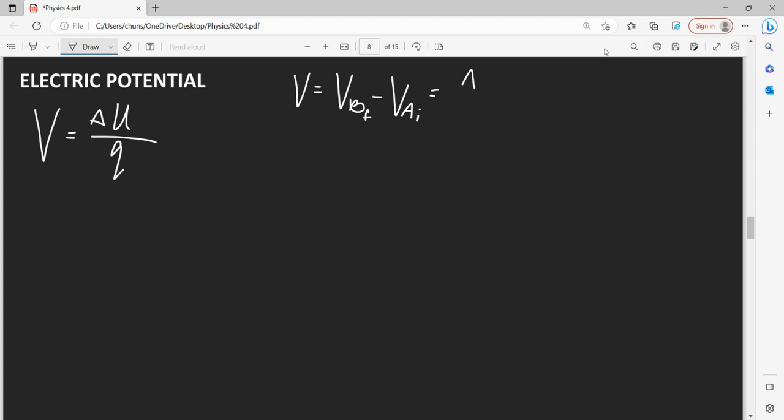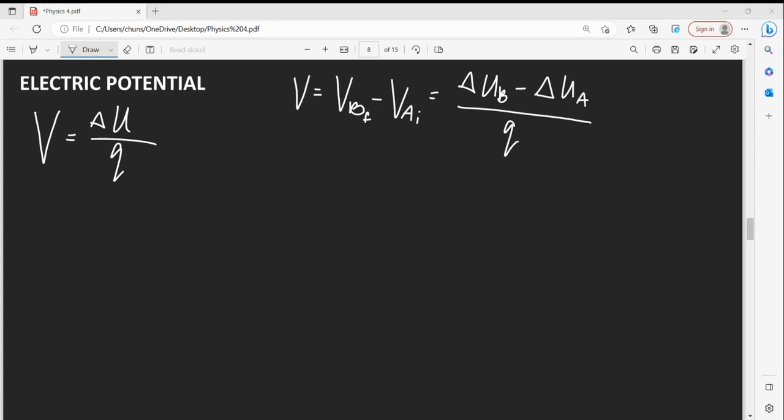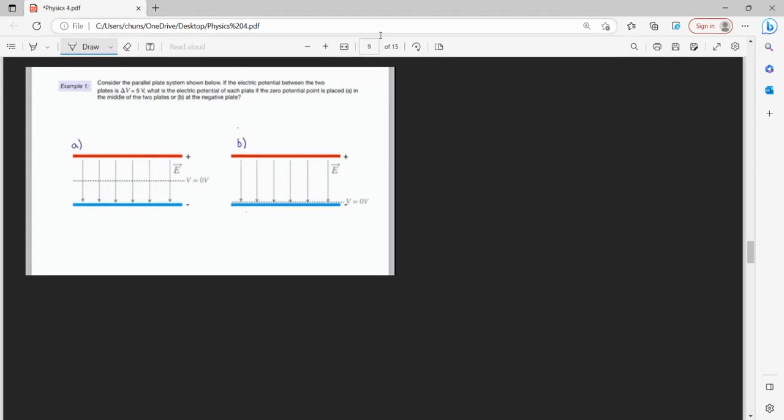This would be like saying our change of electric potential, B minus A, over Q. So we can also think of our change in potential energy as from our positive minus our negative quantities.